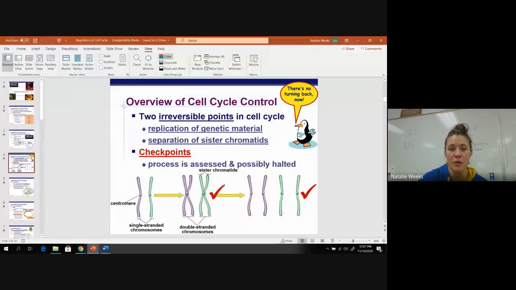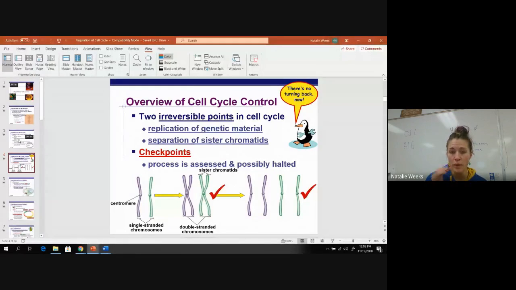So when we're talking about the cell cycle and the controls, there is something called a checkpoint. There are two checkpoints in the cell cycle as a whole that are irreversible. So when we replicate the genetic material, we can't go back and unreplicate. And when we separate the sister chromatids, we can't unseparate them.